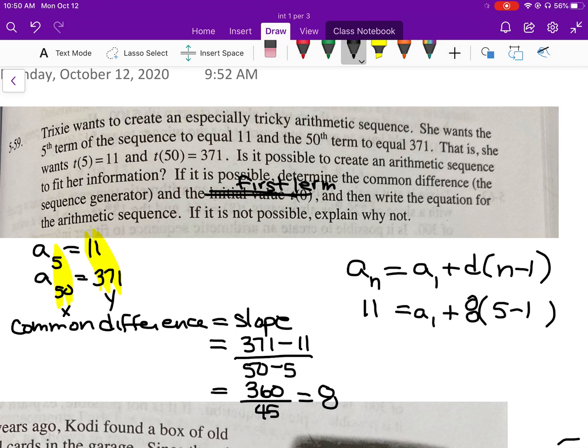Can we solve this now? It's very similar to an x and a y. Not the same, but similar. All right, what's 5 minus 1? 4. Eight times 4? 8 times 4 is 32.